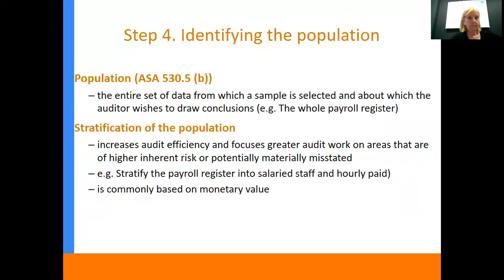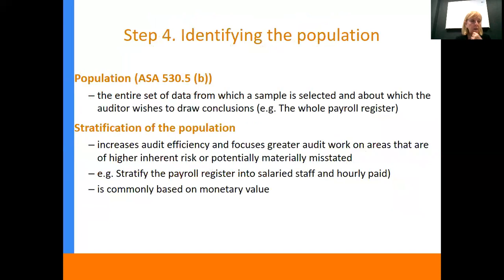Step 4, identify the population. The population is the whole set of data that I'm going to be drawing a sample from. It might be the whole payroll register. I might take the whole payroll register for the year and select a sample of transactions across 12 months.